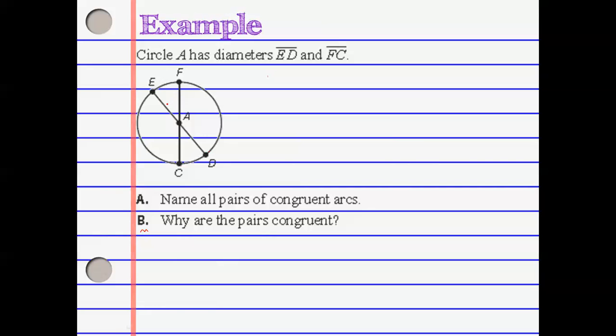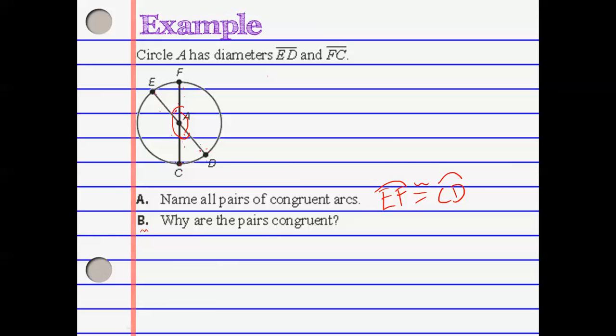Here it doesn't tell us that these chords are congruent, but we do know that these are vertical angles right here. So these two angles are equal to each other, which means that these two arcs have to be congruent to each other. So we can say that EF is congruent to CD.